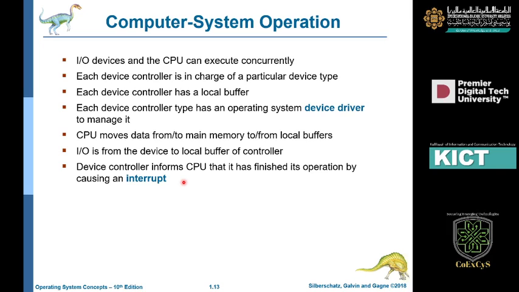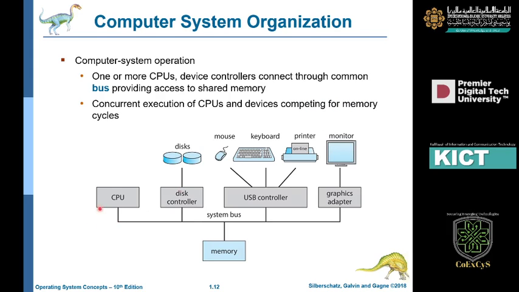The CPU moves data from and to main memory, or to and from local buffers, reading straight from the controller's buffer. You can consider that each controller has its own mini memory in it.